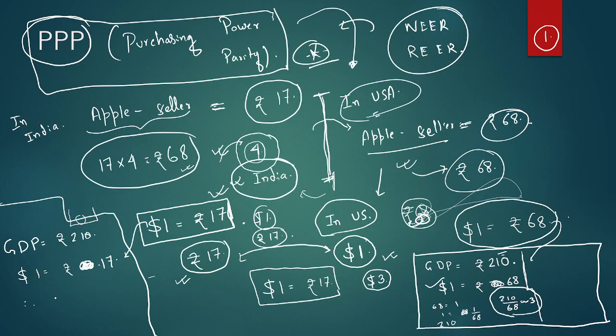Therefore, what is it in dollars? By similar lines, it is close to 12 something. So can you see the GDP has increased with respect to purchasing power parity?